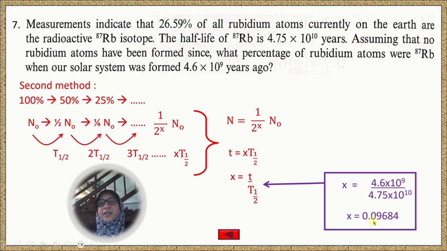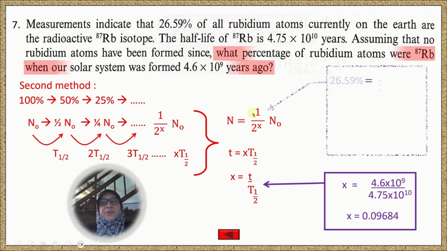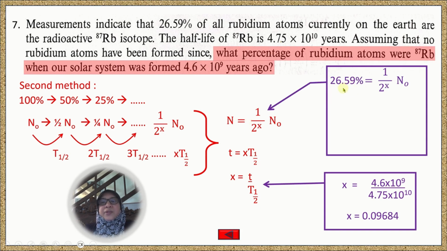So we get x, and we substitute into the equation above. 26.59% is the present percentage, equal to the initial N times 1 over 2 to the x. So you substitute this x in here, and we get the initial N. We cross multiply, and we get the same answer as the previous method, 28.4%.